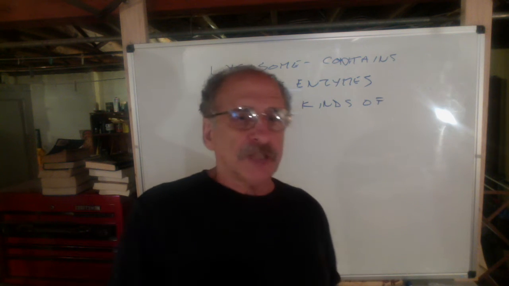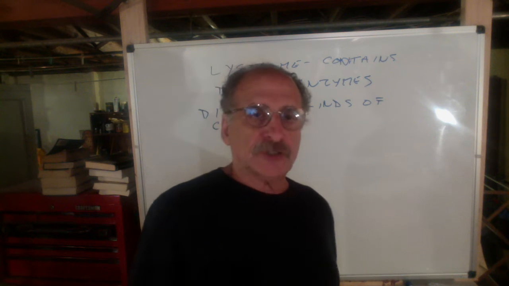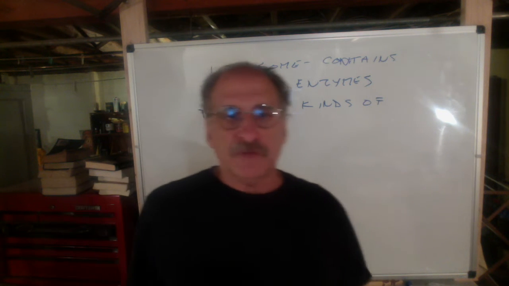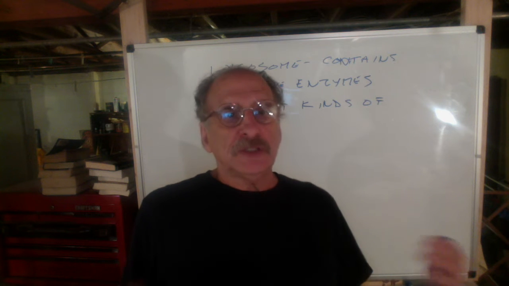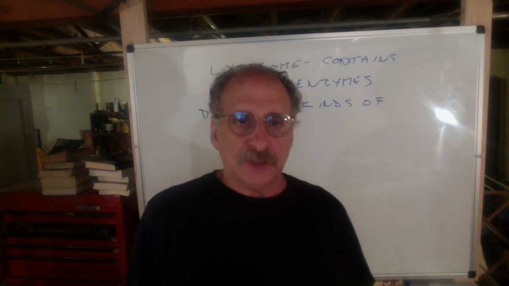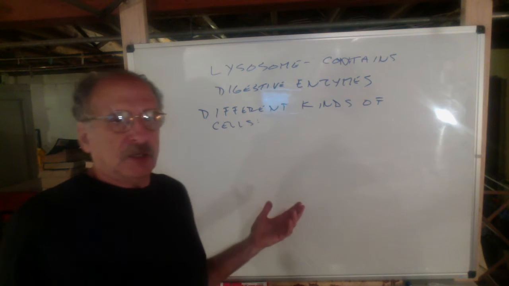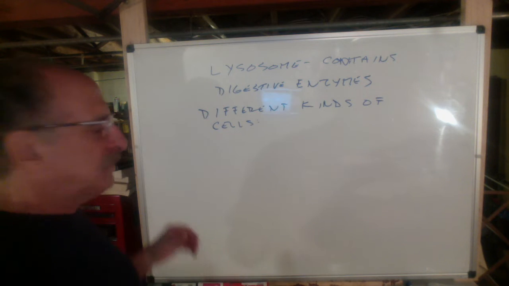So you might talk about plant cells and animal cells and bacterial cells, and those are different kinds of living things, and they have different kinds of cells. But we can also speak about different kinds of cells in one particular type of living thing. We are living things, human beings, and we have many different kinds of cells.